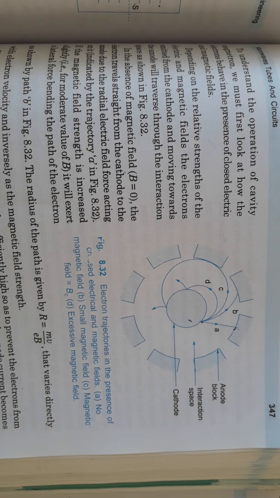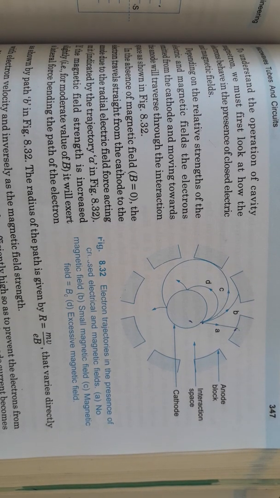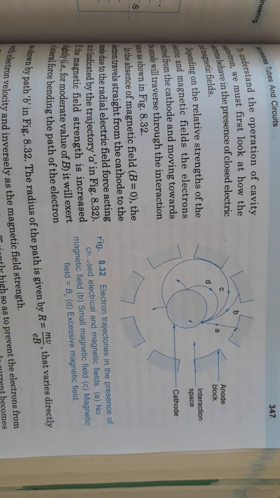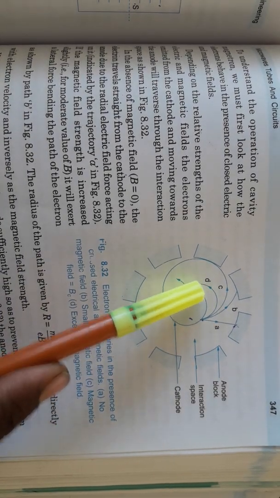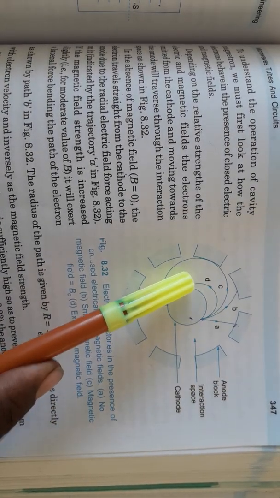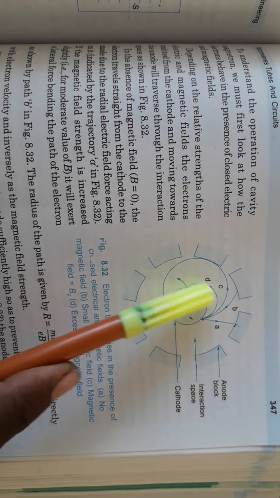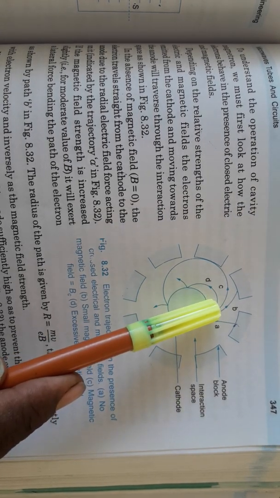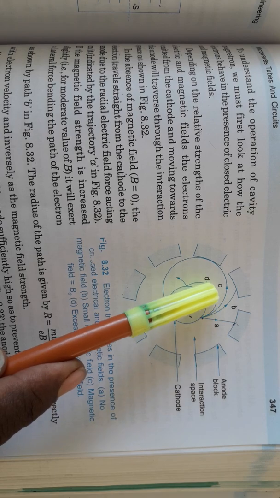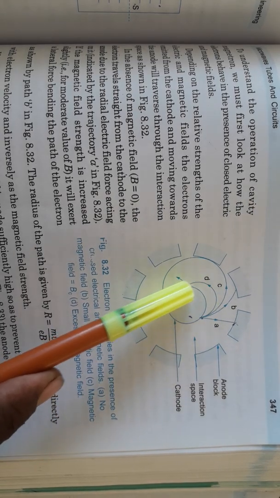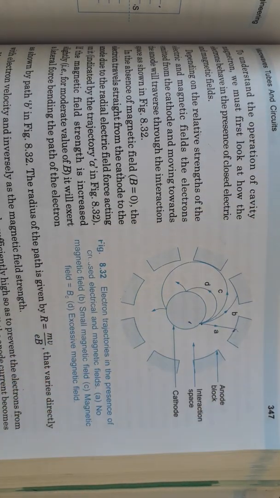But if we increase the magnetic field above the critical field, the electron experiences a greater rotational force and may return back to the cathode quite fast. So you are observing electron D with a heavy magnetic field greater than the critical magnetic field. This electron takes a very small path and suddenly returns back to the cathode.